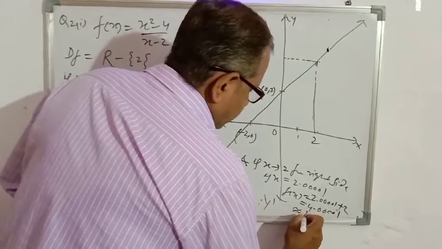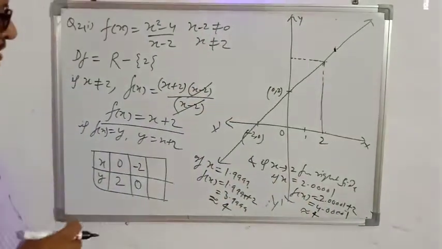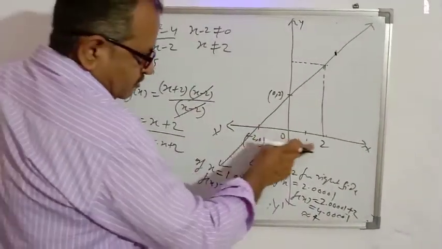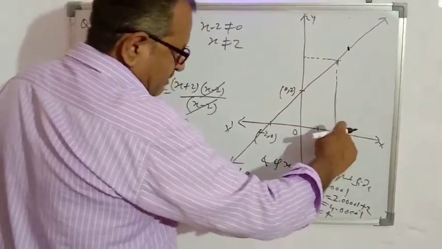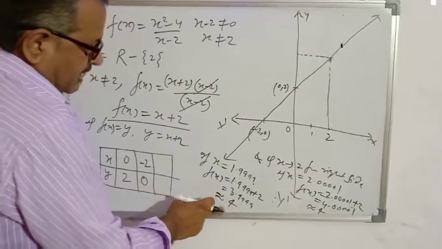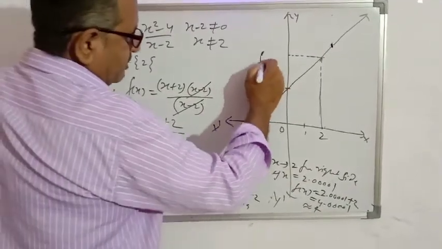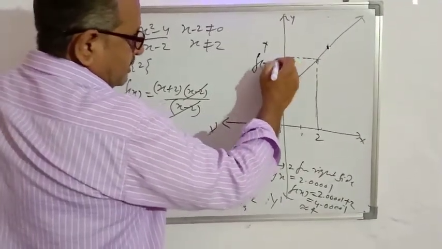Again we see that it is approximately 4. So we see that as x tends towards 2 from the left side or from the right side, the value of f(x) tends towards 4. This is the f(x) value, 4.